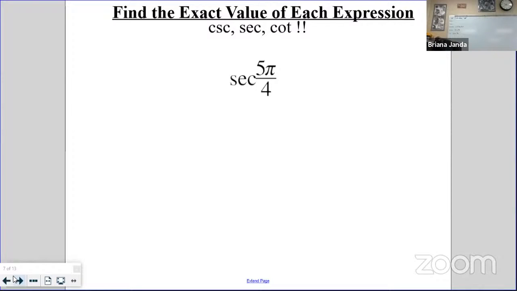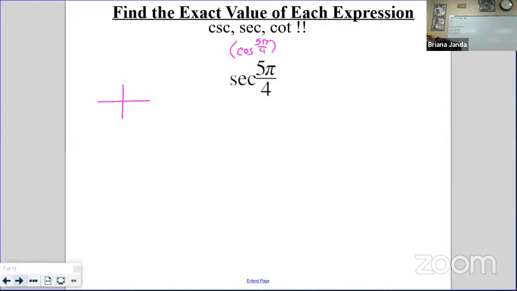So some of the things we need to remember for ourselves is, if it is a secant of 5 pi over 4, secant is the reciprocal of which trig function? Cosine, right? So in the back of my head, I am considering this also a cosine of 5 pi over 4 to help me decide if my answer is positive or negative, for some of us to help us work through the problem itself.